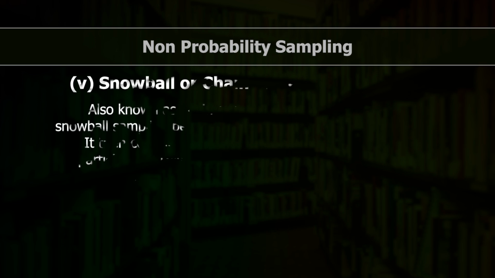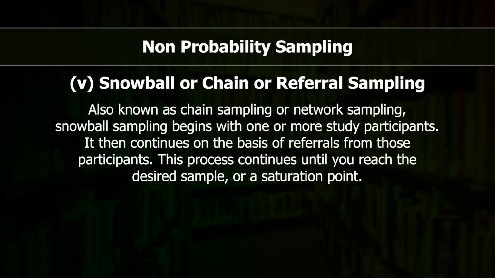For example, people with a rare disease. Also known as chain sampling or network sampling, snowball sampling begins with one or more study participants. It then continues on the basis of referrals from those participants. This process continues until you reach the desired sample or a saturation point.